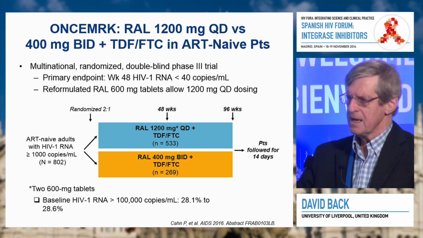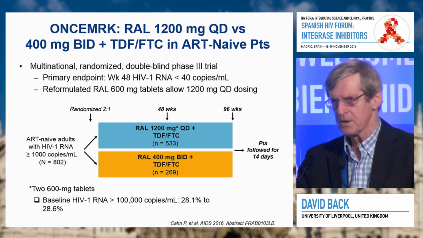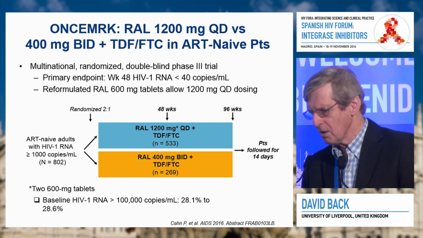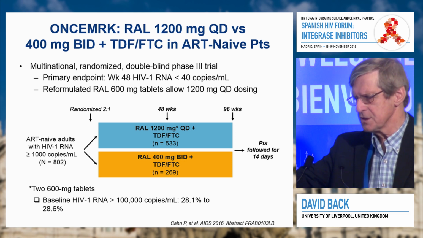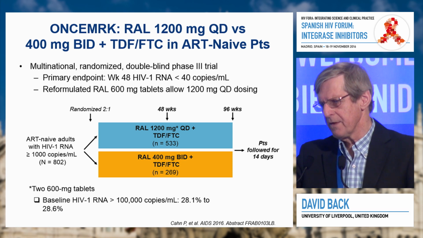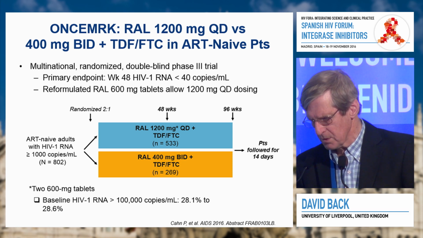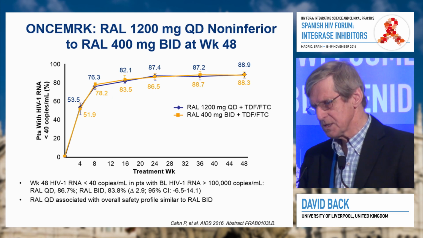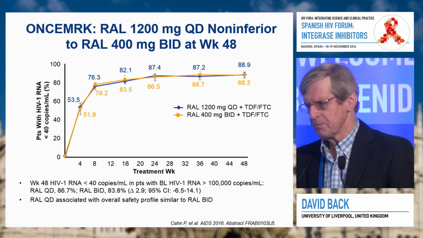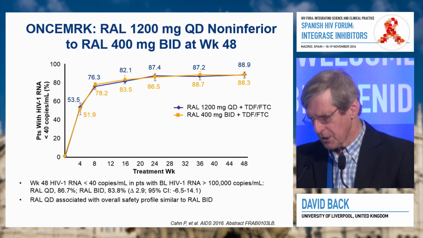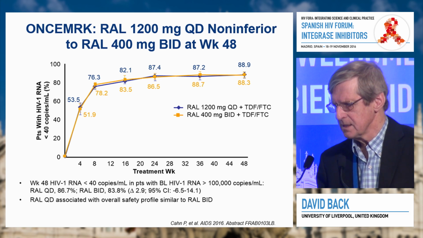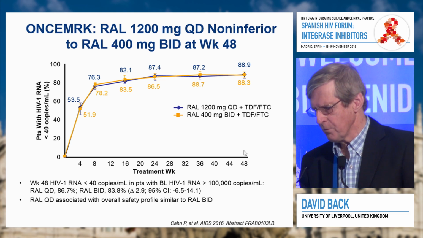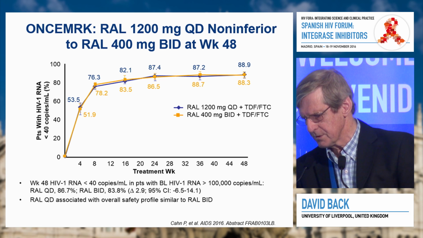Now, you remember that the QD Merck study of 800 milligrams raised a particular problem of a certain group of patients with a high viral load where there was less than optimal response. So when we look at this data from the overall ONCEMRK trial of RAL QD versus BID at week 48, you can see 88.9, 88.3 at week 48 for the 2 different regimens.